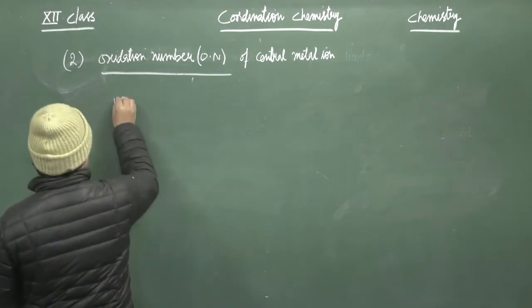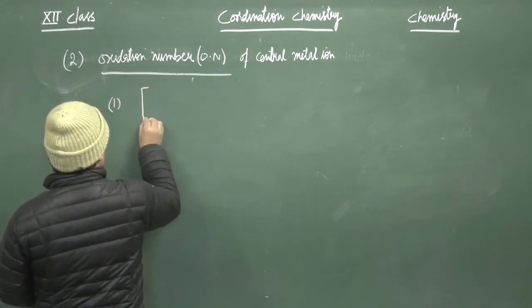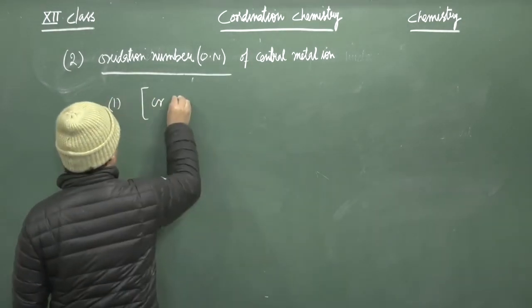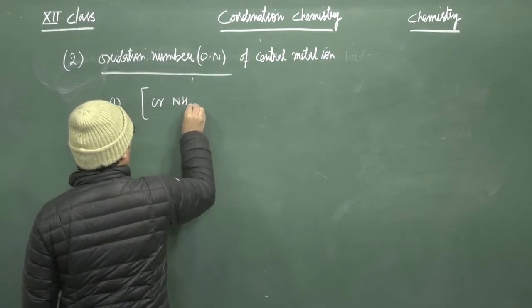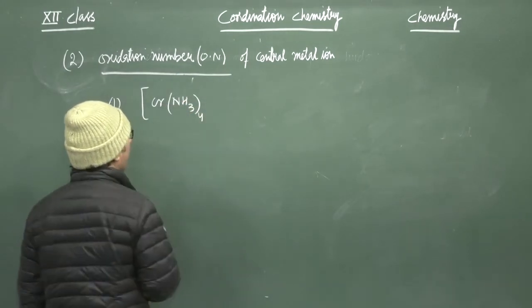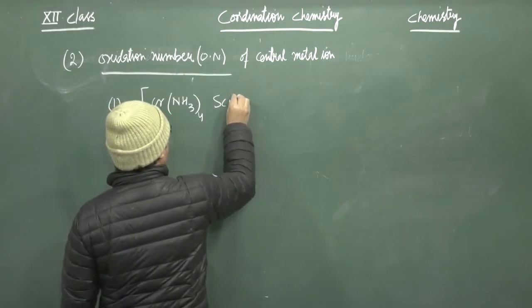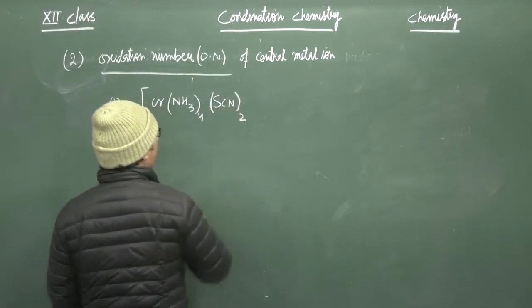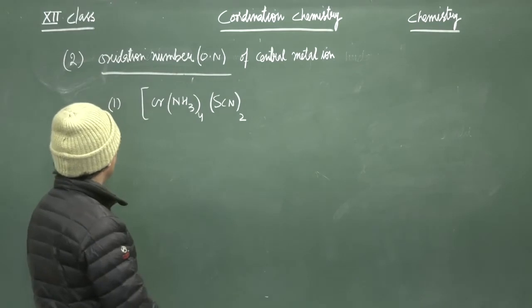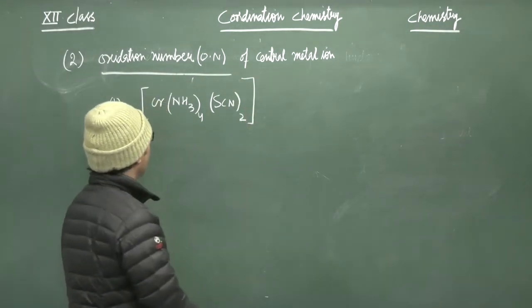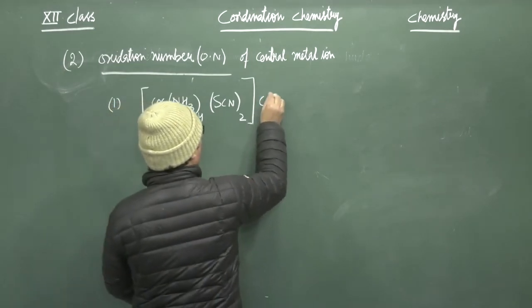The first one is Cr, chromium, NH3 4 times, SCN 2 times, and you have a Cl here.